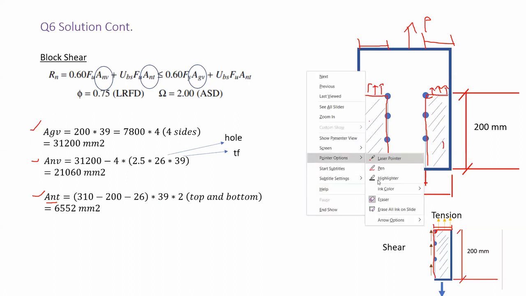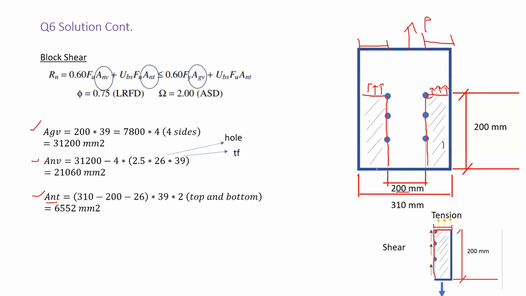Okay. Let me calculate this. So basically it's actually 310 minus 200, which is equal to 110. So this part is actually 55 millimeters, and that part is 55 millimeters, the whole thing.